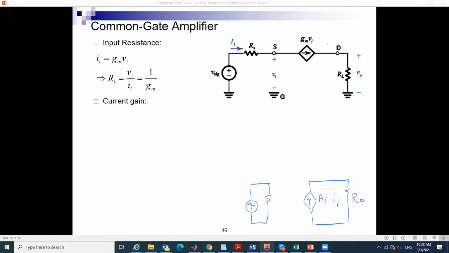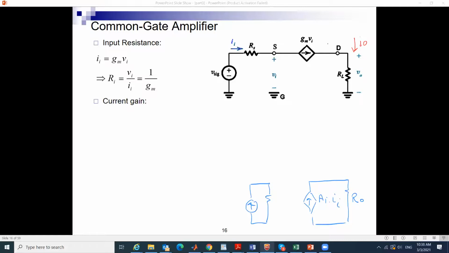Let us now see what are the features or characteristics of this amplifier. If I want to look at the current gain, where is I out? This is important for you to know, and you will see many questions asking what is IO over IN. Where does I out flow? IO flows in the load, right?